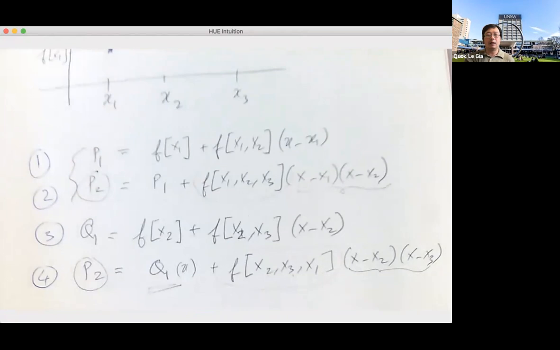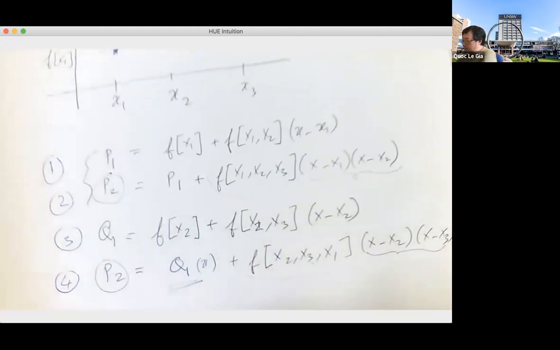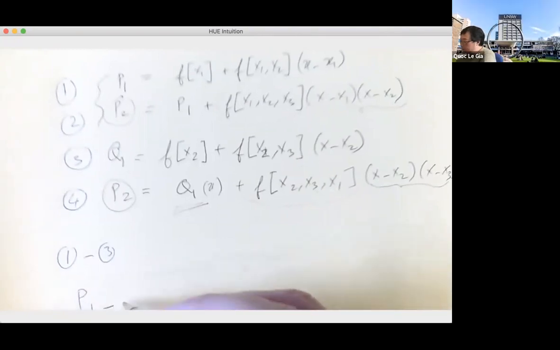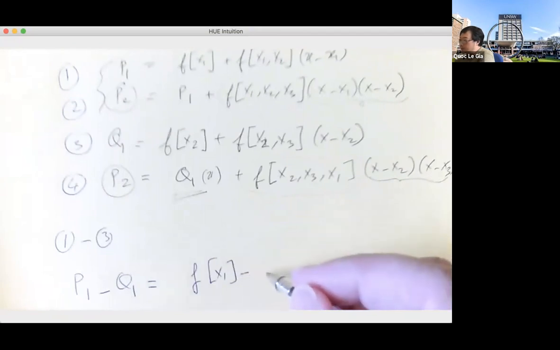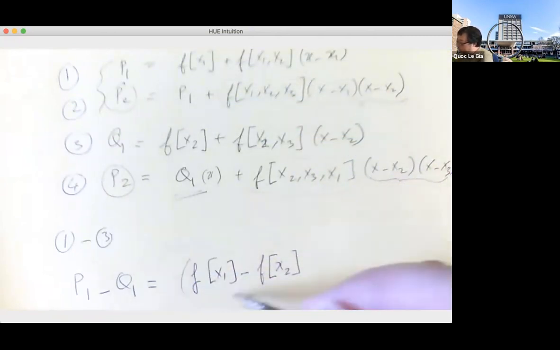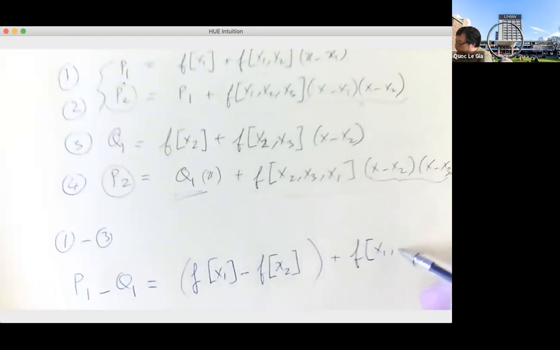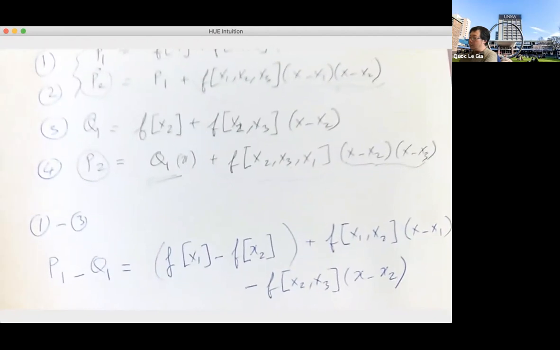If I take 1 minus 3, then I get P1 minus Q1, which is f of x1 minus f of x2, plus f of x1, x2 times x minus x1, minus f of x2, x3 times x minus x2. So I just take P1 minus Q1.